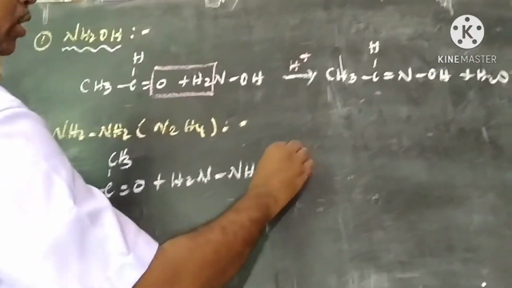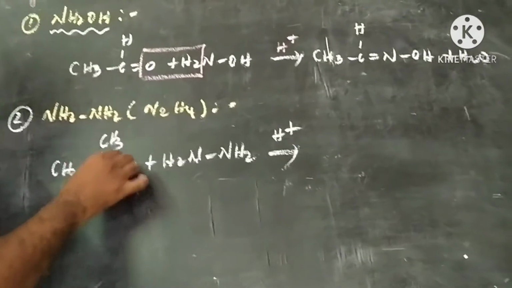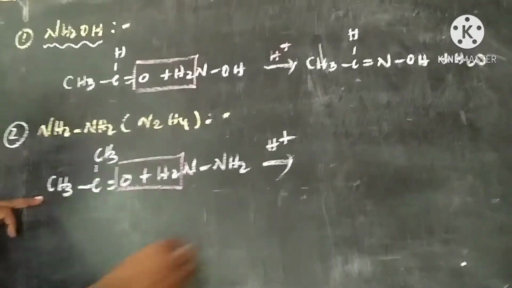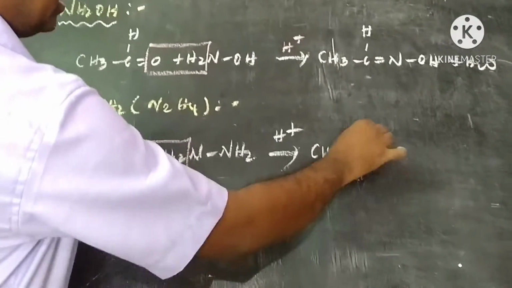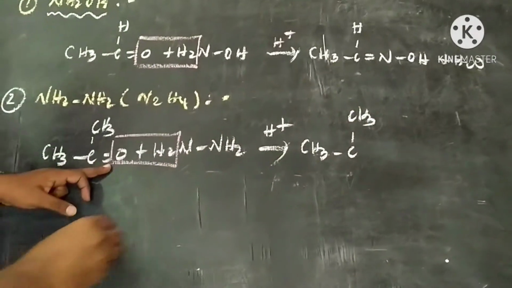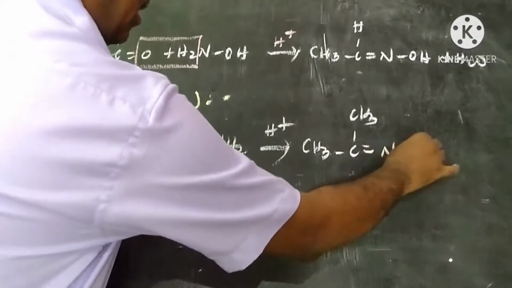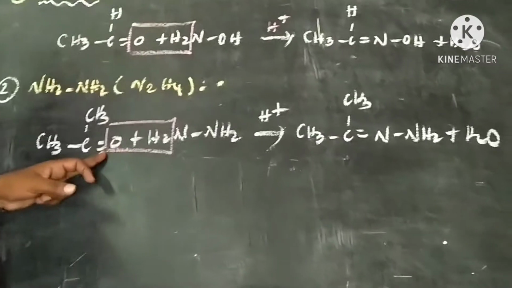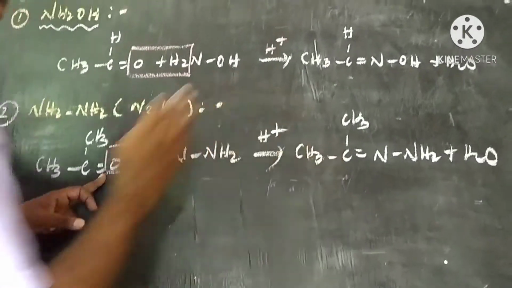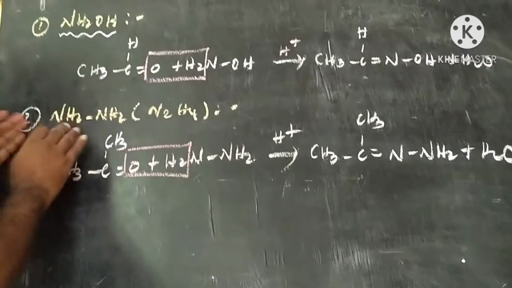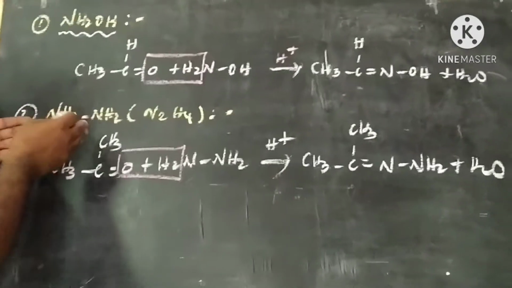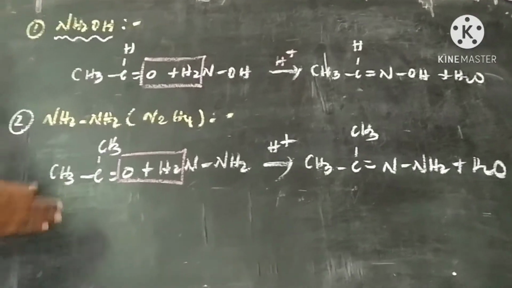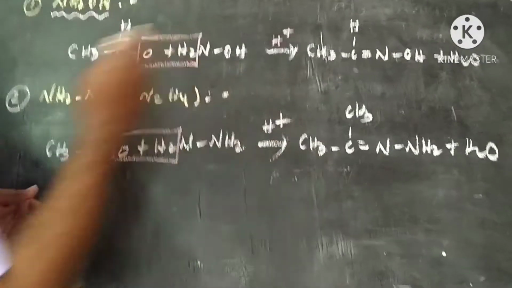So H plus, the same method here also. See what we get: CH3 C(CH3) double bond N NH2 plus H2O. That is acetone hydrazone. Hydrazine reacts with either aldehydes or ketones to give hydrazone.